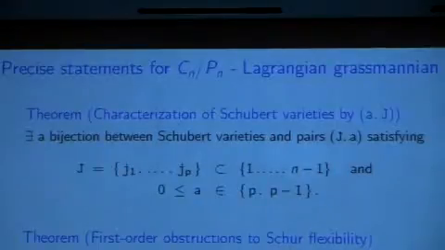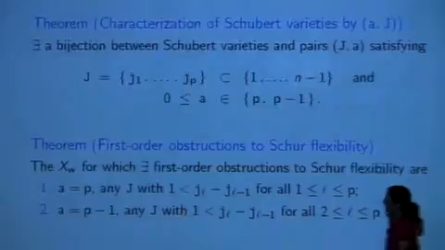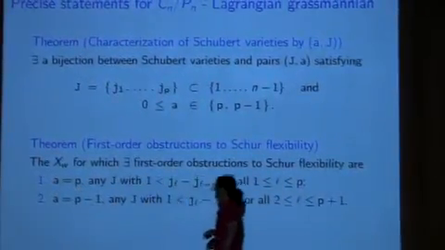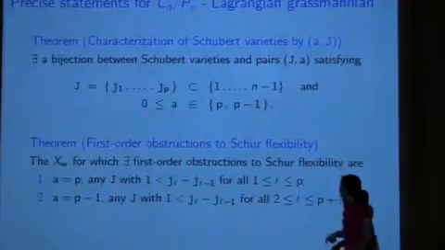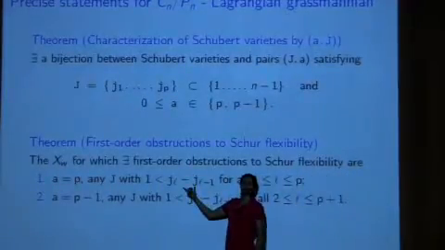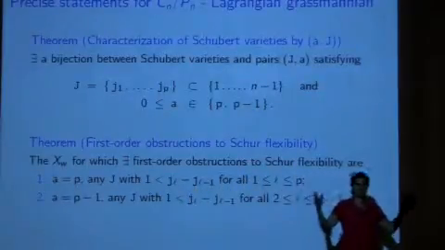Then, in terms of this description of the Schubert subvarieties, you can describe all of those for which there exist first-order obstructions to flexibility. And in the case that your integer A is exactly the number of elements in the submarking, what you need is for those marked nodes to be distributed so they're not adjacent to each other. You need a little room.